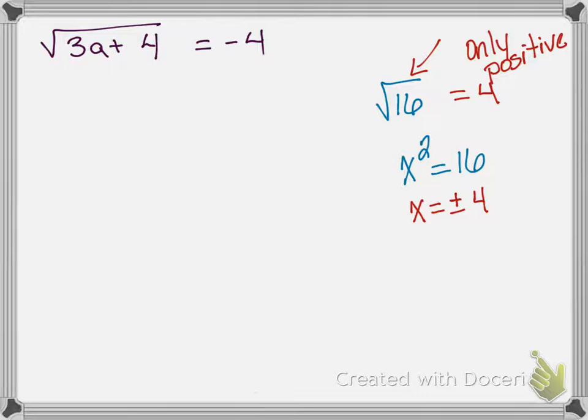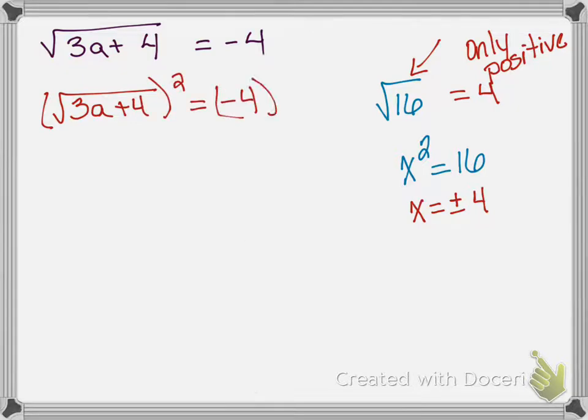Okay? Now, I've got the square root of 3a plus 4 equals negative 4. So I am going to square 3a plus 4, and I'm going to square negative 4. I'm going to square both sides. When I square the square root of 3a plus 4, I'm left with 3a plus 4.